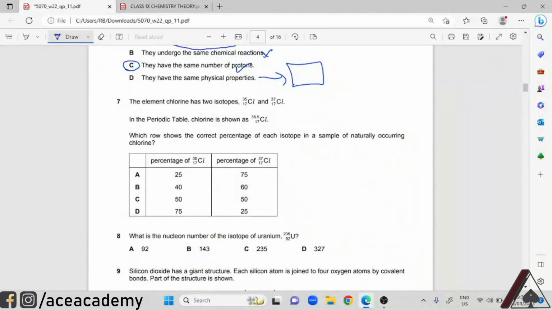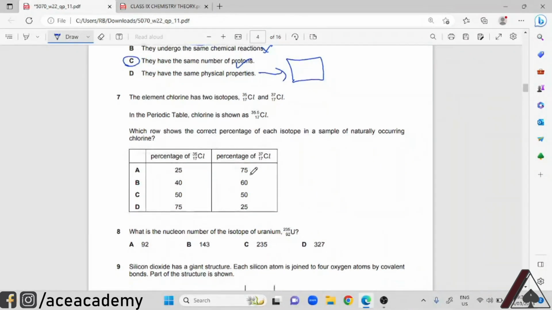Question 7 says the element chlorine has two isotopes, chlorine 35 and chlorine 37. In the periodic table, chlorine is shown as 35.5. Which row shows the correct percentage of each isotope in a sample of naturally occurring chlorine? We know that here is 35, here is 36, and here is 37.